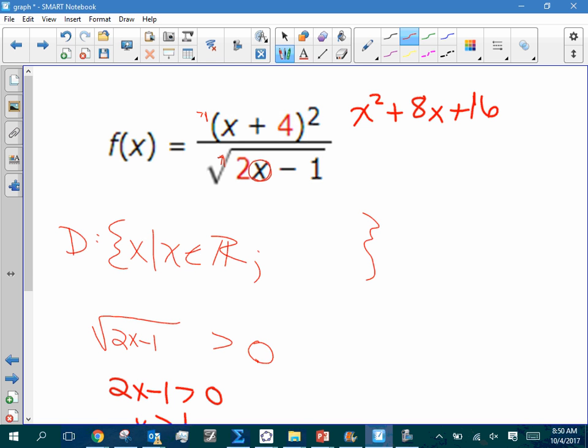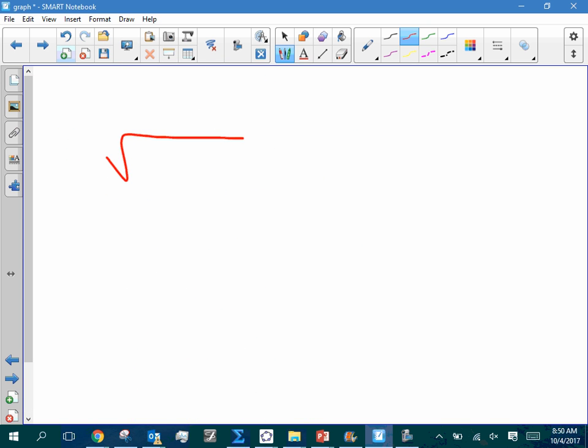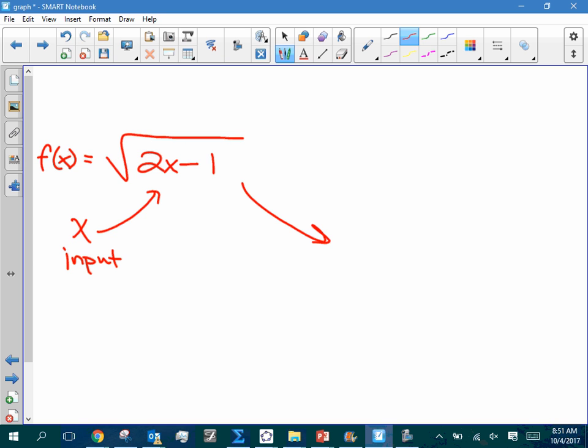You don't understand with the square root why you're saying that with an equality. Because if you just have a regular function f of x, let's go with 2x minus 1 again. We're saying that when we have domain values, we're looking for the x values that become input values, and they should spit out output values, right?